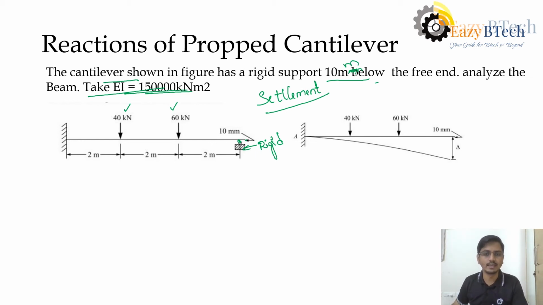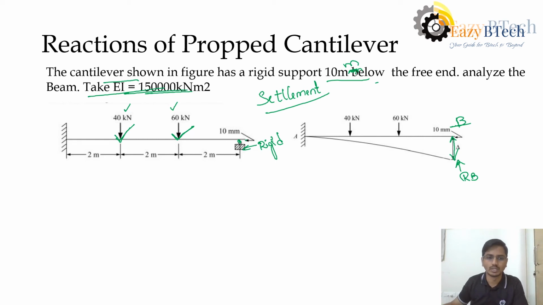The same thing: we need to find the deflection because of this 40 kilonewton, rotation because of this 40 kilonewton, then deflection because of this 60 kilonewton, and rotation because of this 60 kilonewton. Then we need to find out what the delta is here. Because of these two loads, what is the deflection we get at this end B, and we'll equate it to the reaction RB causing deflection, and we'll get the RB.